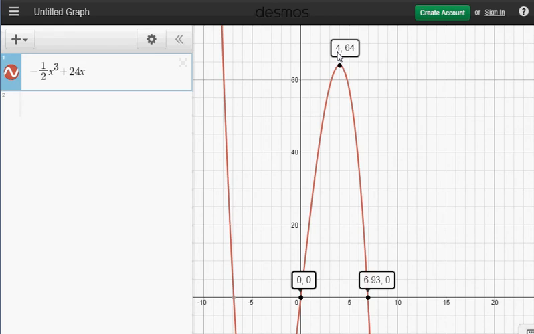Now 4 is the width that will give us the best dimensions of the box, and the volume then will be 64. So based on what they're asking for, if they ask for dimensions, you have to use 4 as w. If they want the maximum volume, it's going to be 64.